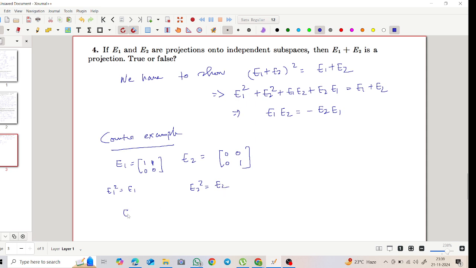Okay. What is E1 plus E2? What is (E1 plus E2) square? It is 1 2 0 1. Okay. So this did not happen.